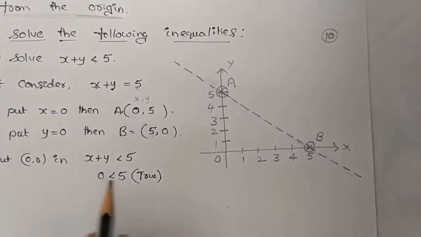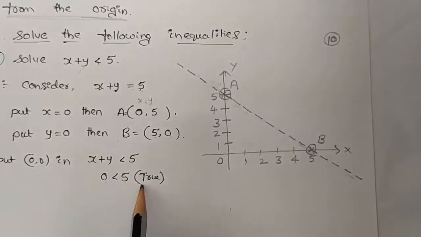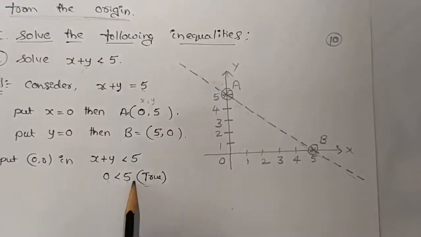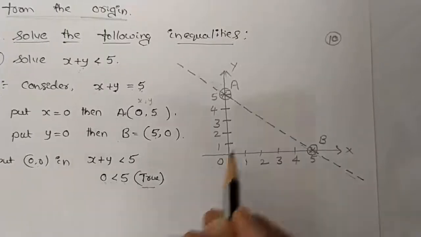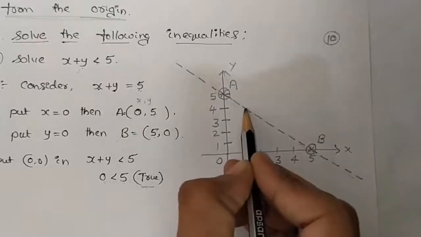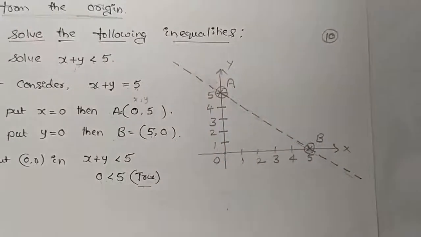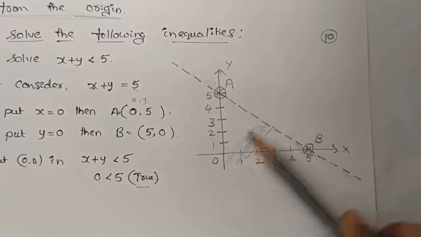Next, the inequality gives the value true here. If the result is true, then we have to shade towards the origin. Here is the origin. We shade towards the origin like this.